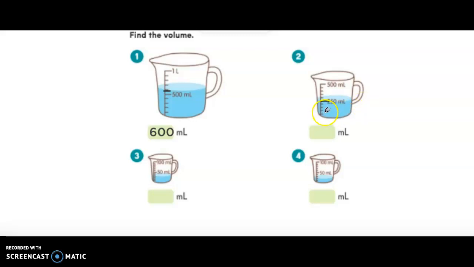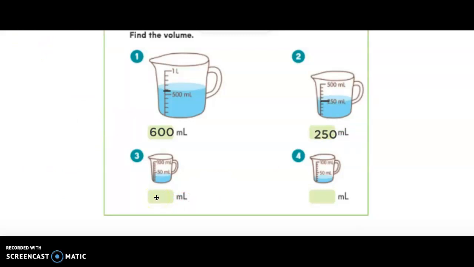So we have 50, 100, 150, 200, 250. So again, just so we can get some practice, the capacity of this measuring cup is 500 milliliters, but the volume here is only 250 milliliters.